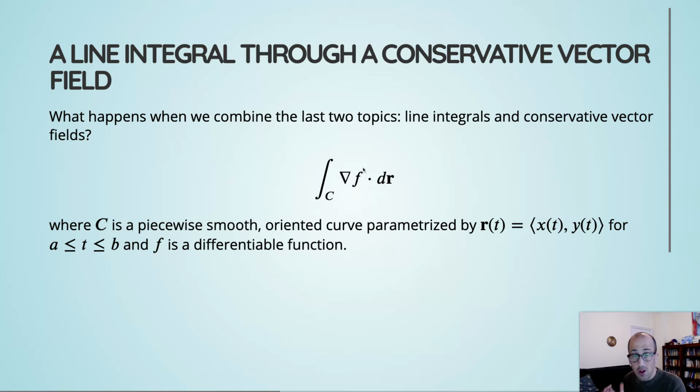Well, we're moving along our curve at each point. We're going to take the value of the vector field, so the value of the gradient field in this case. We're going to dot it with the direction of that curve, and use the tangent vector, r prime of t. We take that dot product, we get a scalar. We integrate that scalar over the path, right? That gives us one scalar, one number for this total integral.